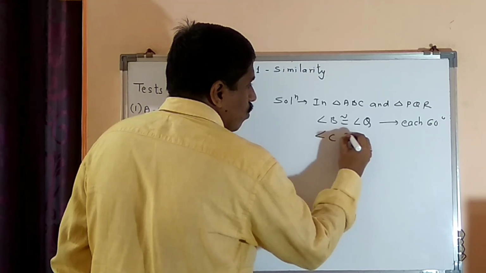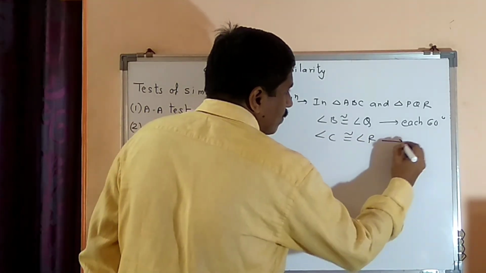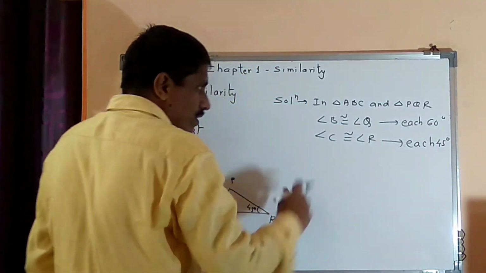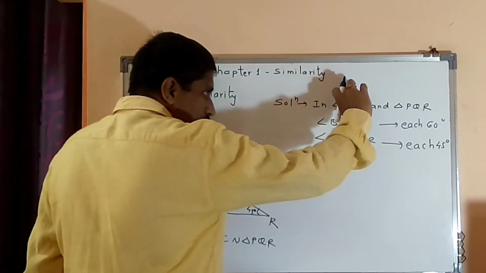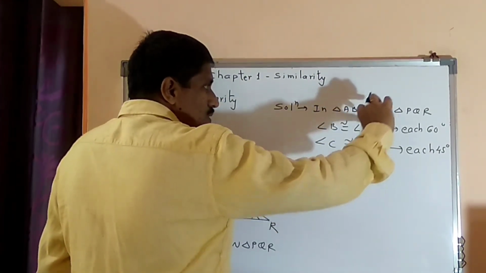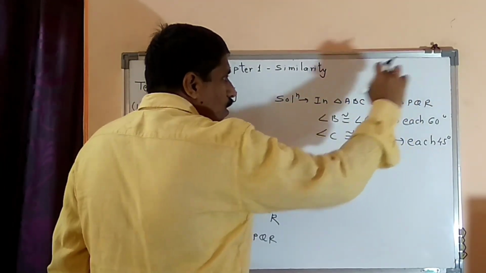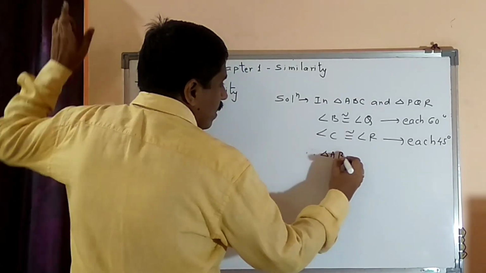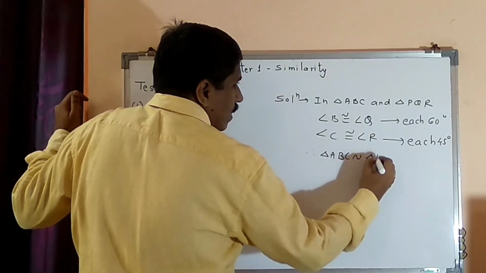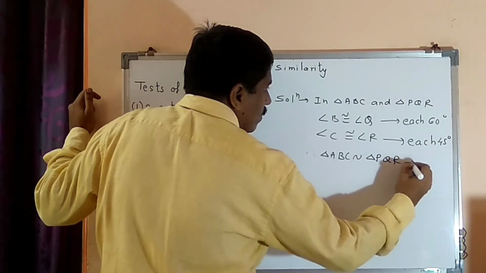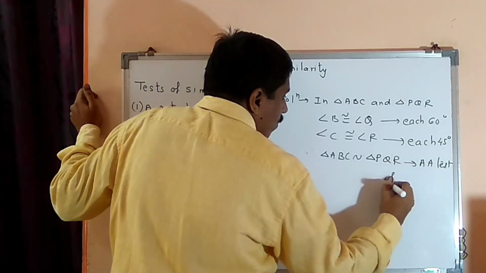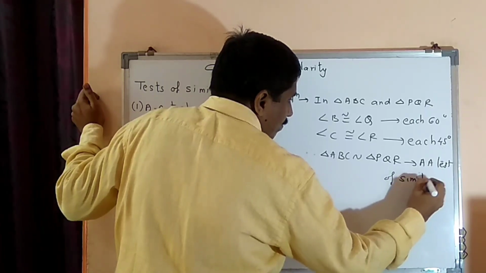Angle C is congruent to angle R, the reason: each is 45 degrees. Therefore, 2 angles of one triangle ABC are congruent to 2 corresponding angles of triangle PQR, and therefore I can say triangle ABC is similar to triangle PQR. Reason for this is AA test of similarity.